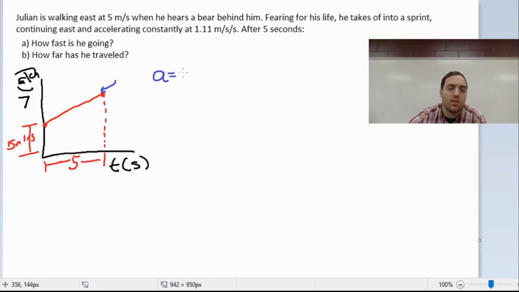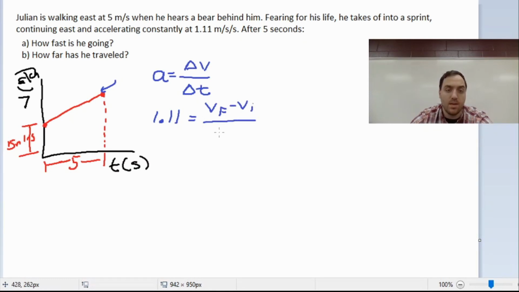A equals delta V over delta T. In this case, A is 1.11, and delta V is V final, which we don't know, minus V initial, which we do. And then delta T, in this particular instance, is 5.